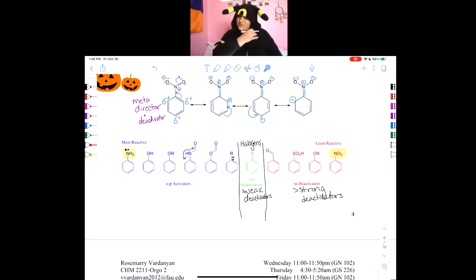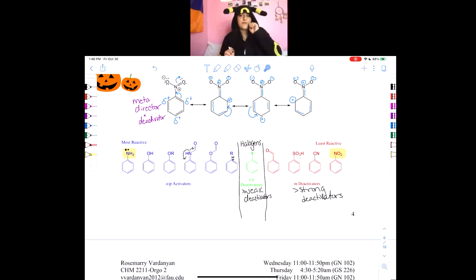And then someone said, so under your Friedel-Crafts limitations, it should be NO2. So that's a great point. So Friedel-Crafts will not happen with any of these, but it also will not happen with NH2, even though it's not a deactivator. So that's a very valid question. Everyone always gets confused by that.